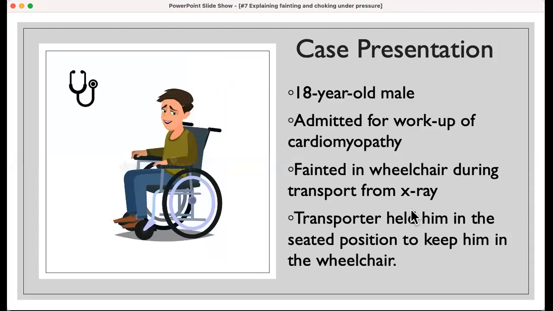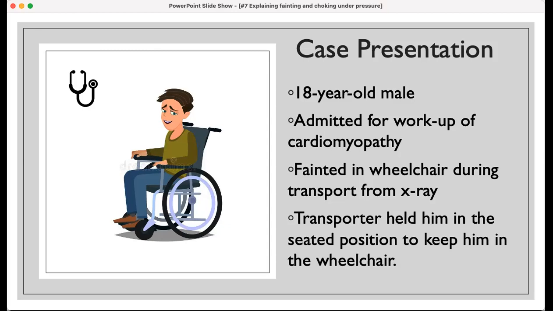So the case presentation is an 18-year-old guy, and actually this is a true story from when I was in my residency. He was being admitted for a workup of a heart problem called a cardiomyopathy, or a dysfunction of his heart muscle. And he was being transported in a wheelchair down to X-ray.